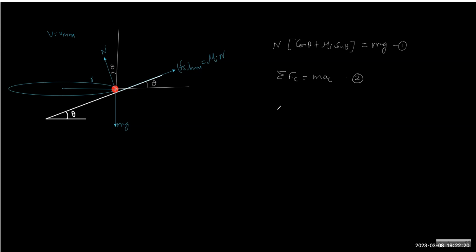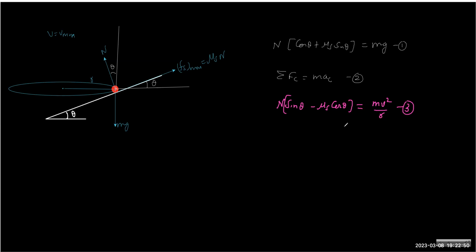N sin theta minus mu s N cos theta, right? And this must be equal to mv square by r. Is this clear? And you can see that N can be expressed in two ways in this particular situation.